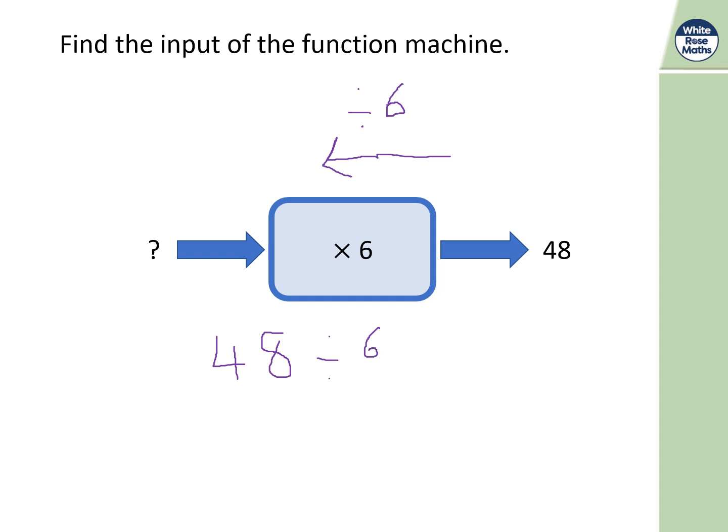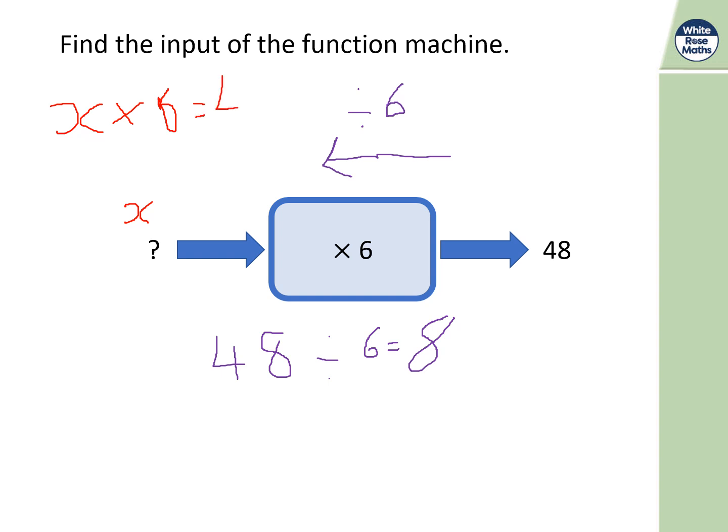Think of it here as like an equation. I've got some number, I can call it x. x times 6 has to equal 48. So you would form a one-step equation here, and then solve it if you're not sure. So x times 6 has to equal 48. So you'd have 6x equals 48.